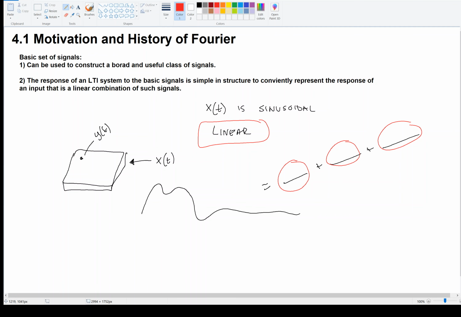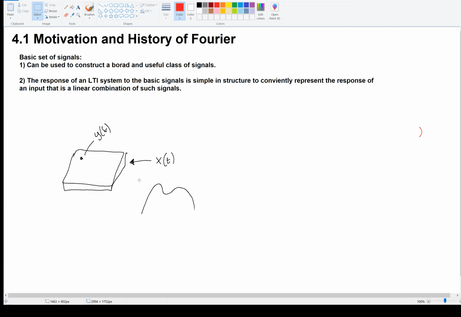So Fourier began to ask the question, what signals can I construct by just adding up a bunch of sinusoids? And the answer is an astonishingly amazing answer, and that is that any x of t, any signal, can be written as a sum of sinusoids.